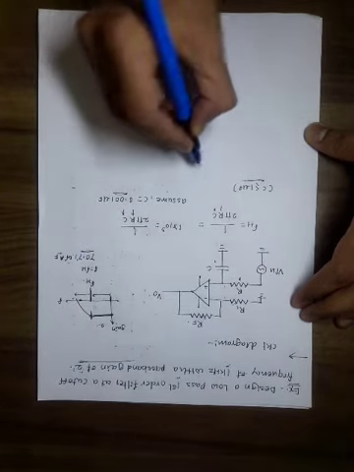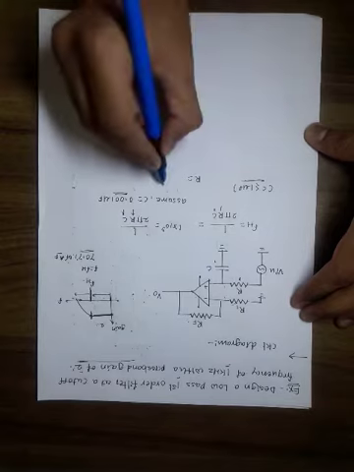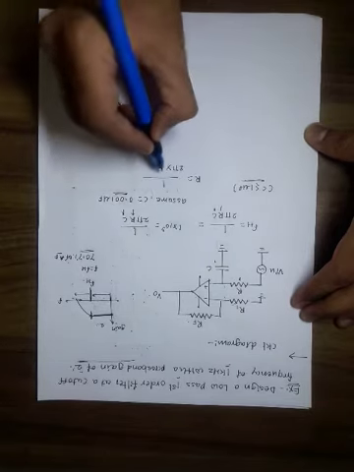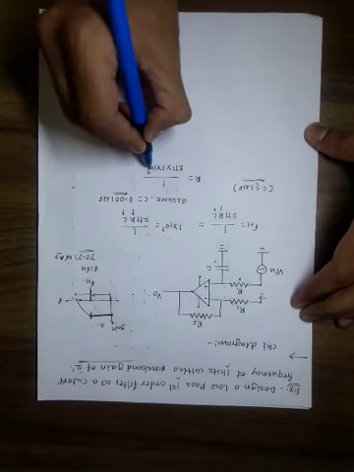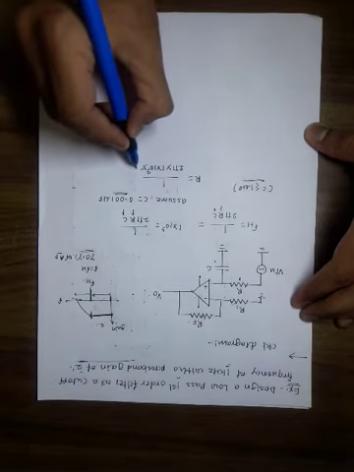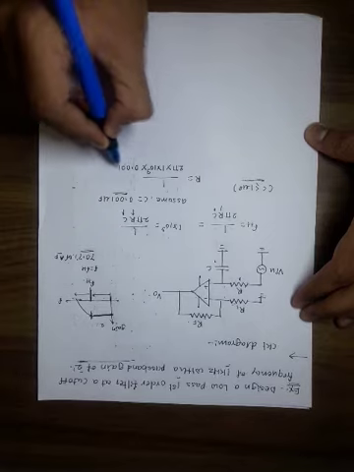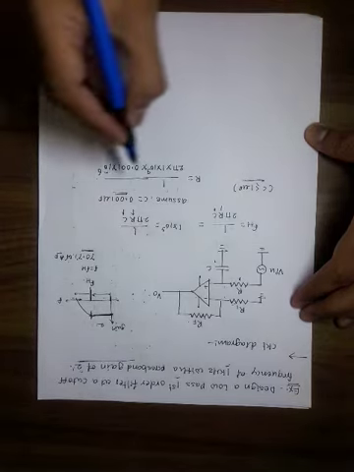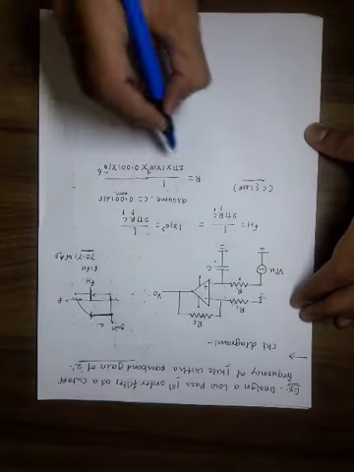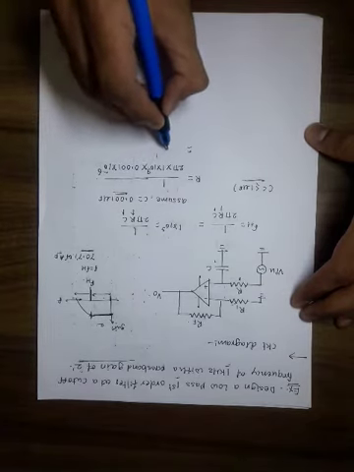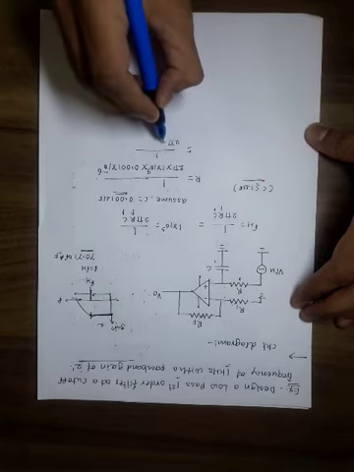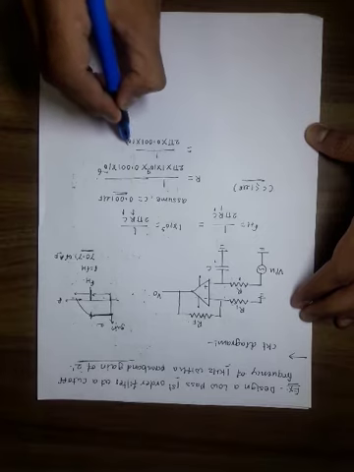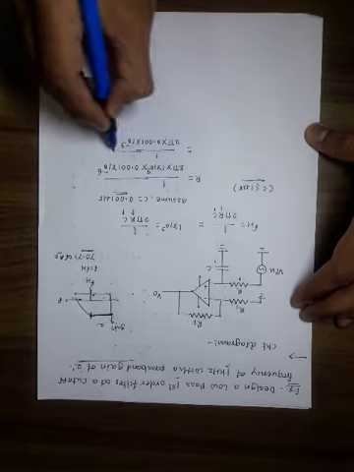Rearranging the equation, R equals 1 upon 2 pi into FH, 1 into 10 raised to 3, into C, which I have selected as 0.01 microfarad. Simplifying, R equals 1 upon 2 pi into 0.01 into 10 raised to minus 3.